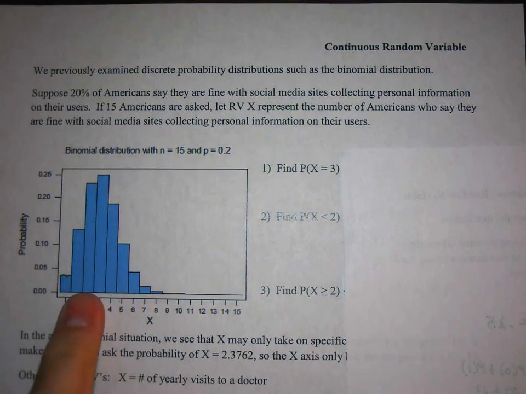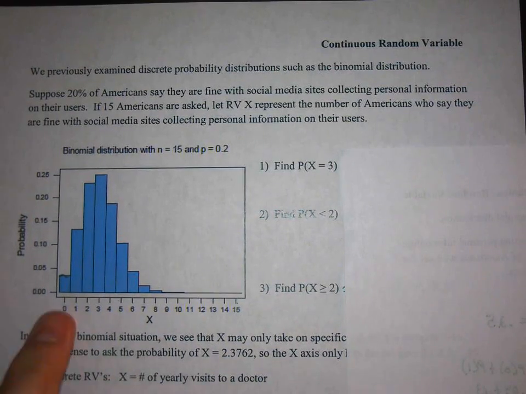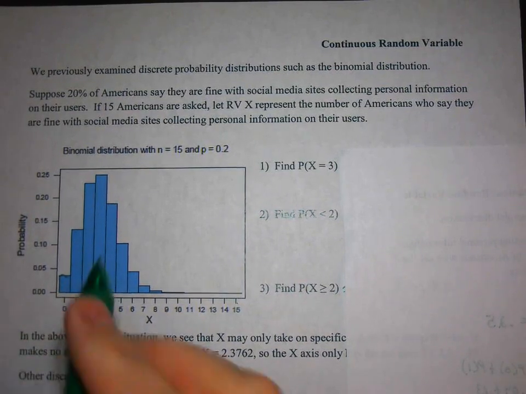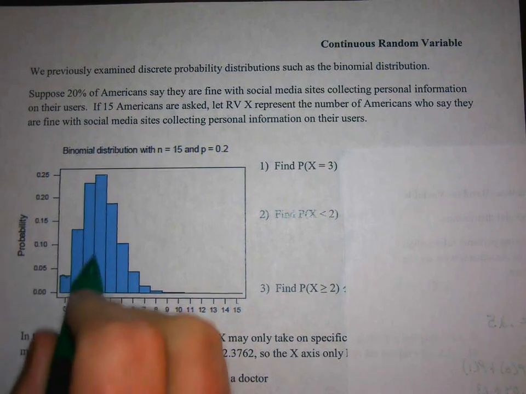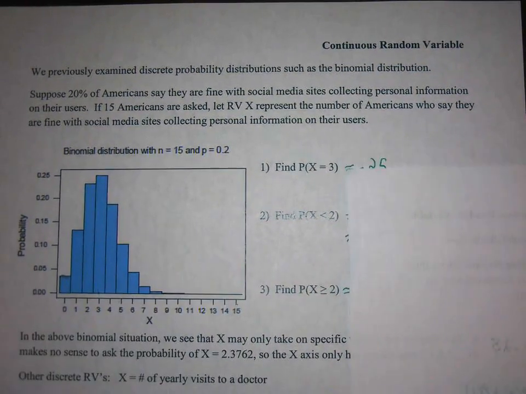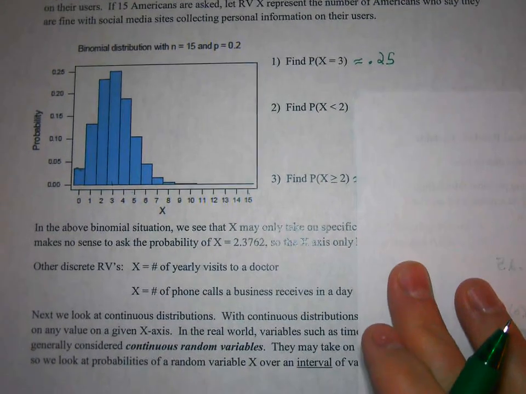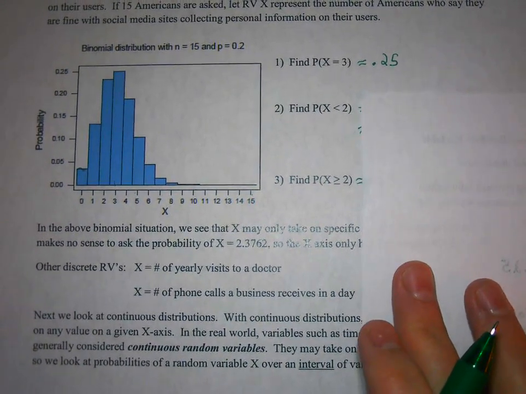We want to look at the graph and just estimate our answer. So if we look at the probability that x equals 3, it looks like the height of that bar is at about 0.25, which represents right around 25%. Okay, so 0.25.